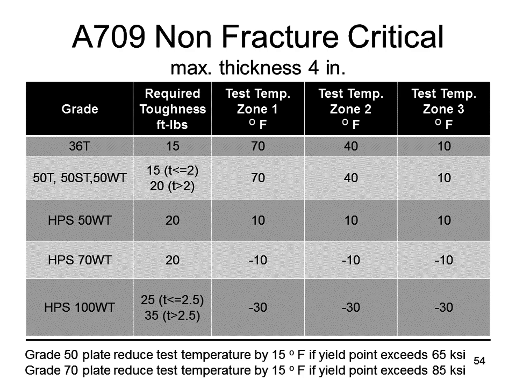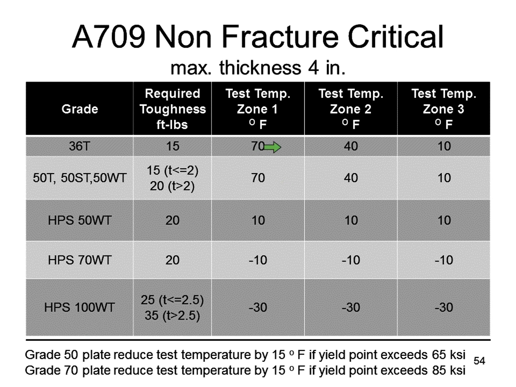If we go to the non-fracture critical requirements that are in A709, and again, these are for non-fracture critical tension members. These aren't for compression members. In compression members, you don't need toughness because you're not going to generate a fracture in there. But you can see as we go down the table, we have an increase in toughness because we're going up in strength level.